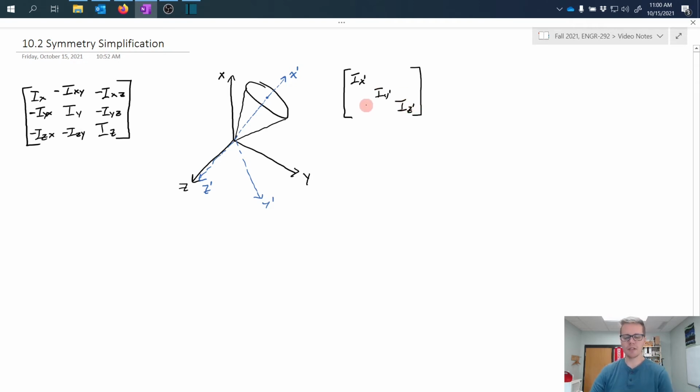Because of this symmetry, my products of inertia end up canceling each other out, and I get a tensor that looks something like this. Taking this and applying it to my angular momentum, I can write terms for each of my components of angular momentum, which look a whole lot nicer than what I was getting before.